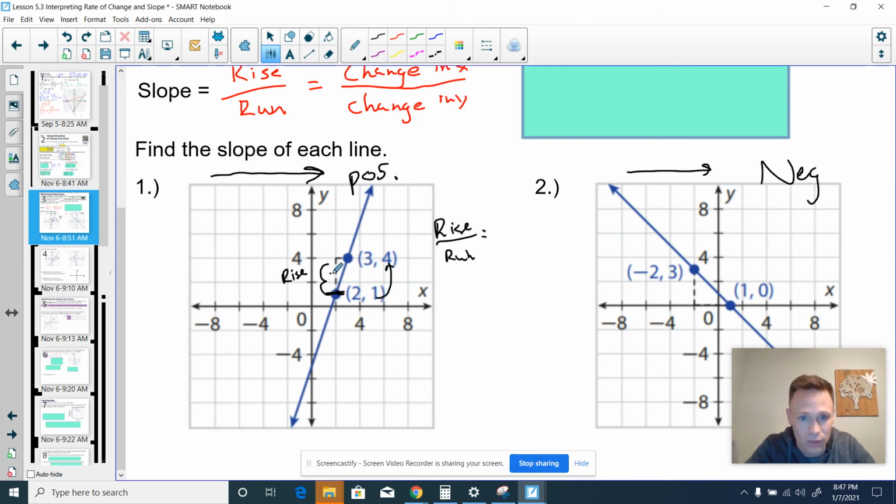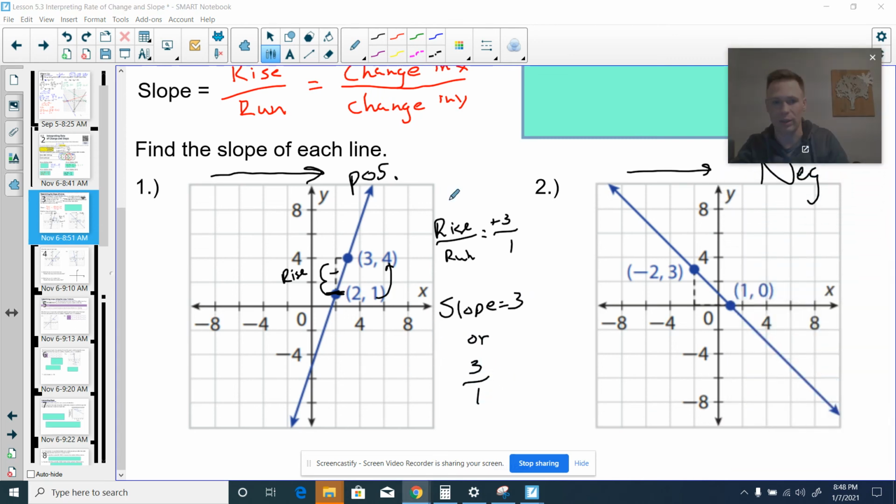Or I went up 1, 2, 3. Notice the scale here is counting by twos. So my rise is positive 3 over a run. How far do they go to the right? 1. So my slope equals 3, or you can say 3 over 1. Either way.